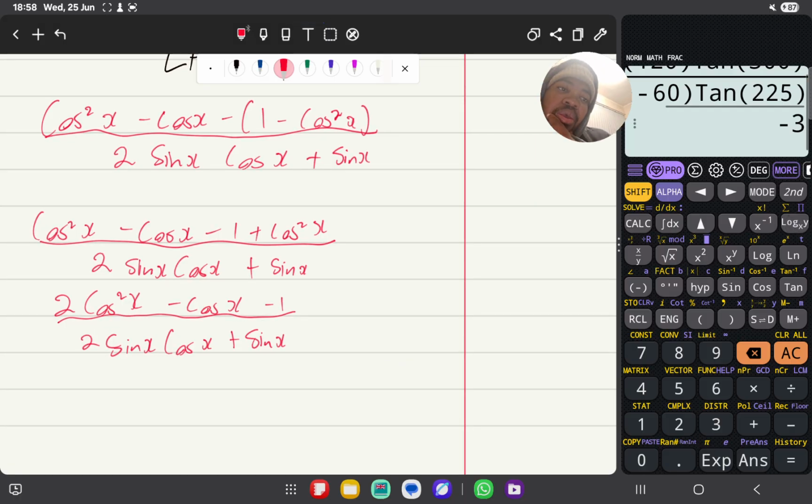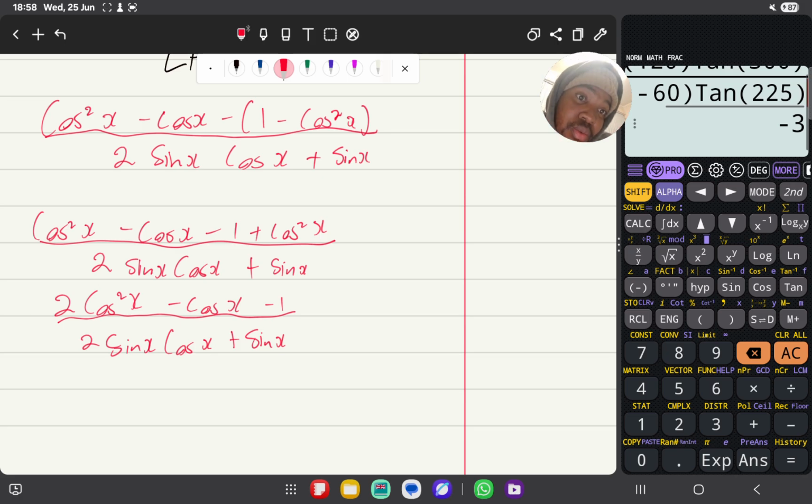Now I want to give you this tip, it helped me a lot. Sometimes when you have to factorize trigonometric functions, it can be really difficult to visualize the whole thing.